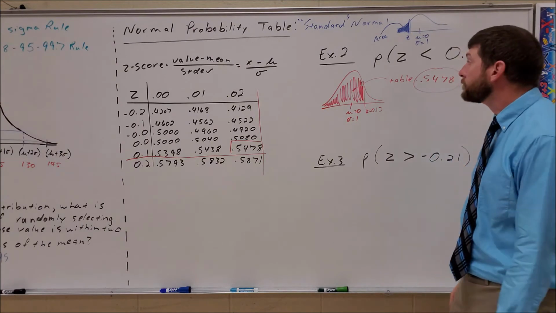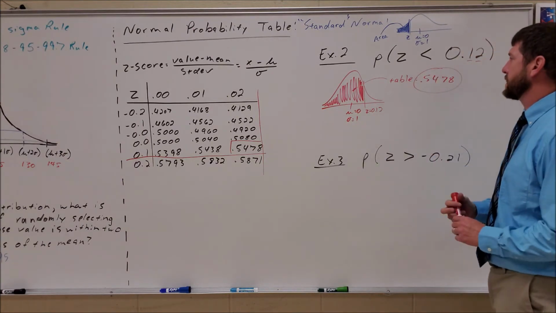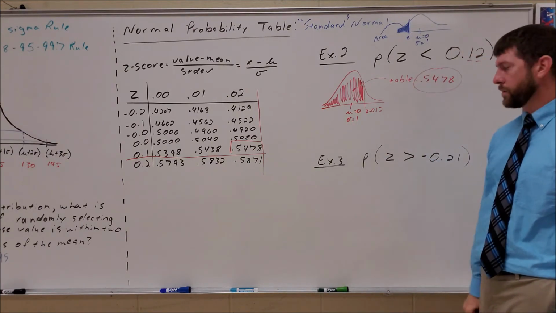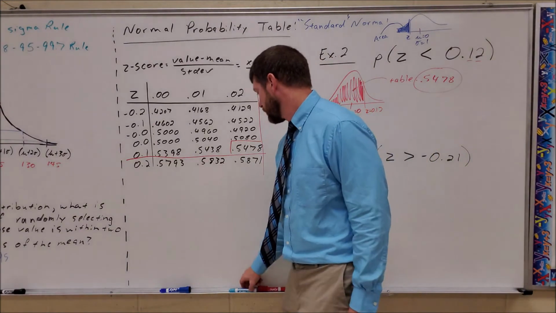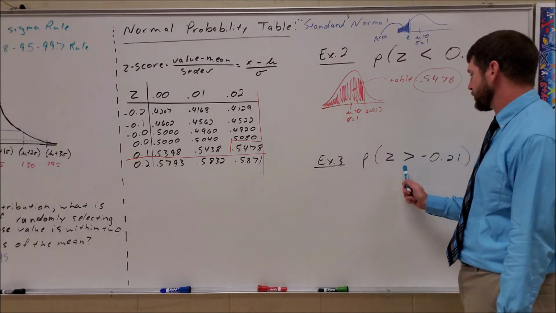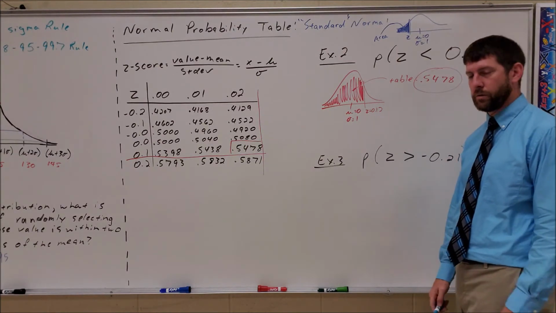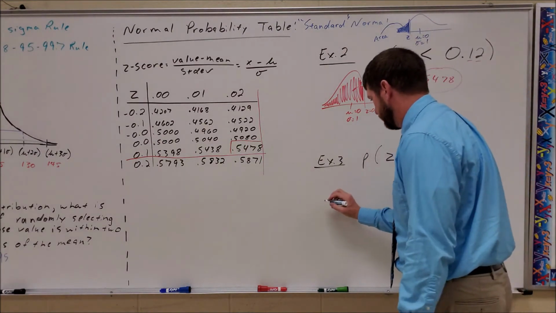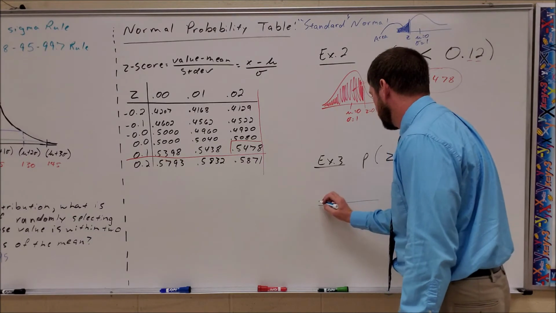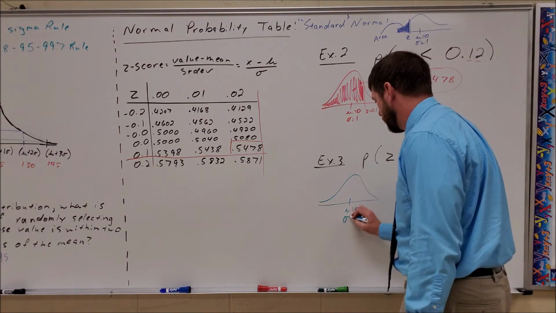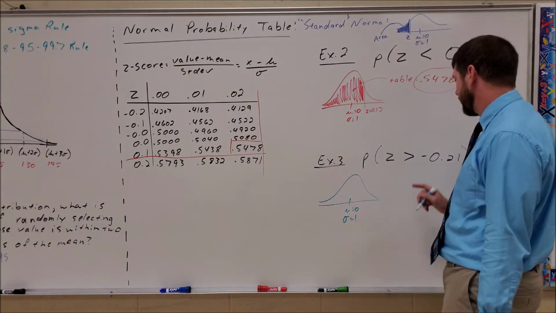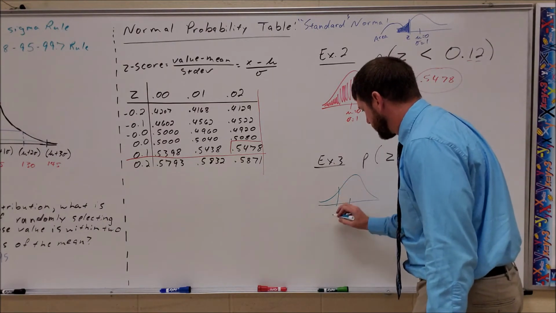Pretty straightforward right there. So when we have a less than situation, just read the table as it's written. Now what if we have a greater than situation? So if I'm looking at this one, z is greater than negative 0.21. Well, let's draw the picture. So if I draw it out, mean is 0, standard deviation is 1, negative 0.21 is somewhere over here.